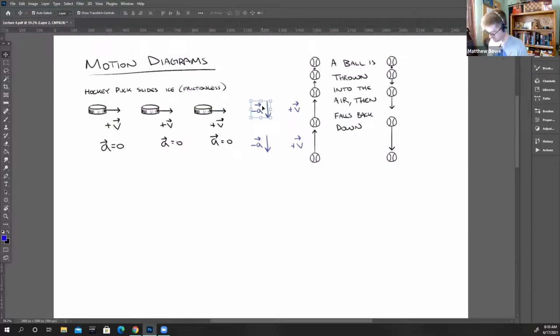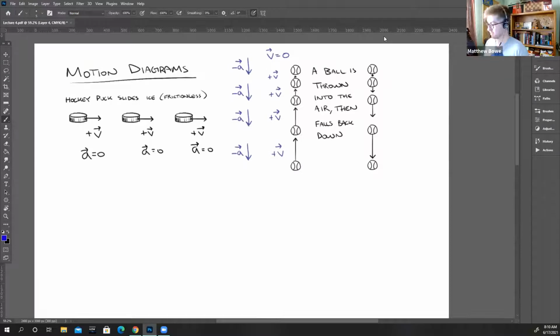There's another one up here, and another one at the very top. You see this velocity is positive all the way up, even at this very last moment, until the very top where the velocity is 0.